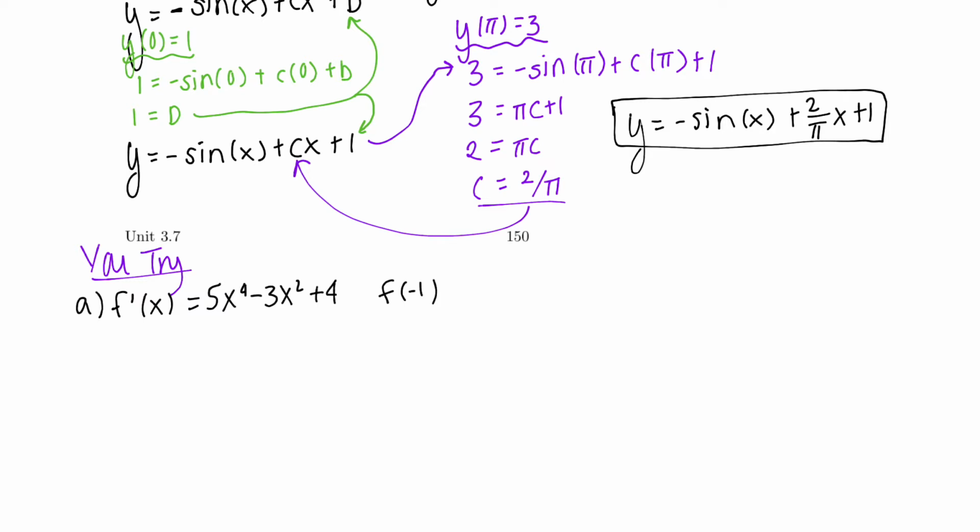And f of negative 1 is equal to 2. And then I'm going to give you one more. F double prime of x is equal to 8x cubed plus 5, and f of 1 is equal to 0, and f prime of 1 is equal to 8.